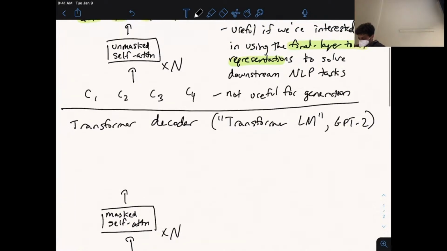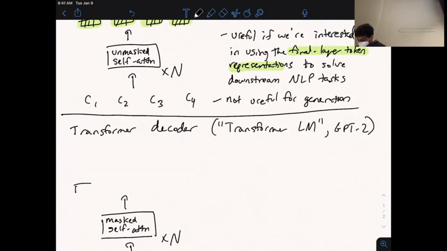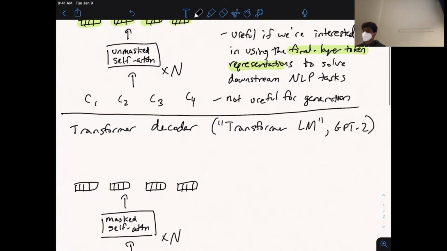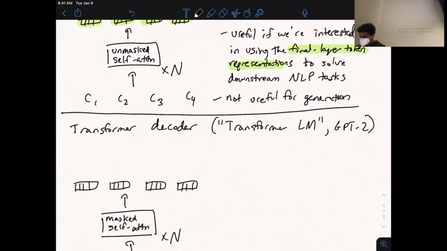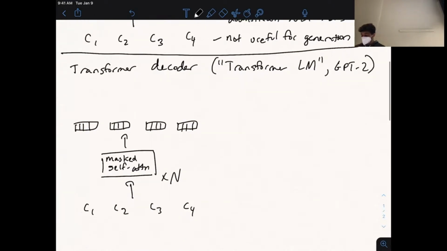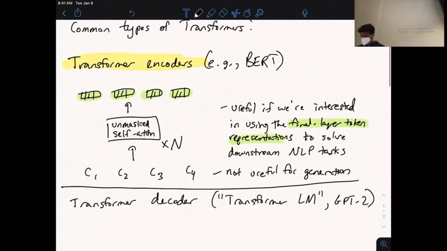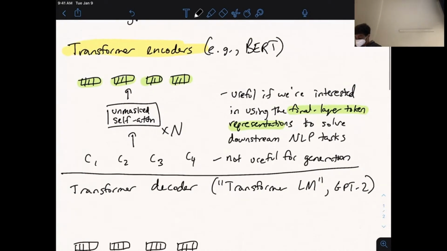Then we get these final layer token level representations. But now each one of these representations has information only about the current word and all the previous words, which is not the case in the encoder, right?